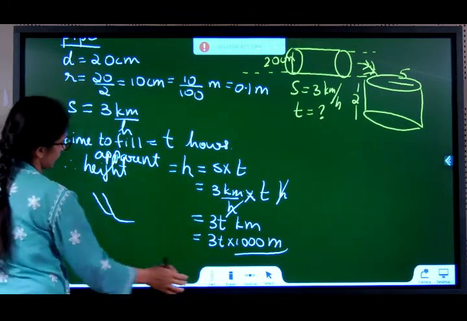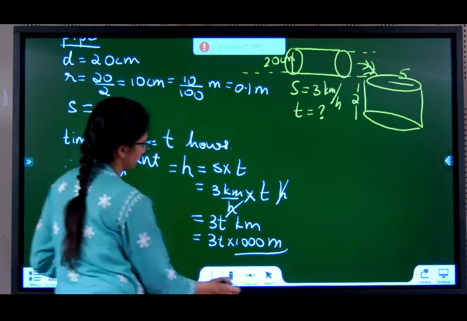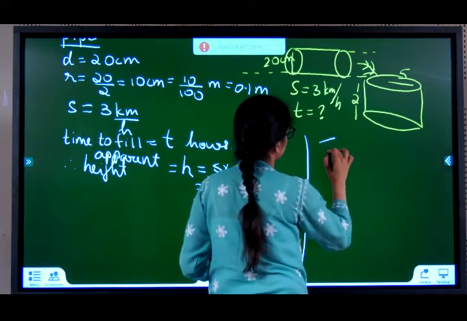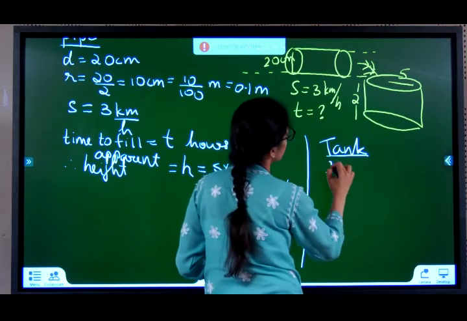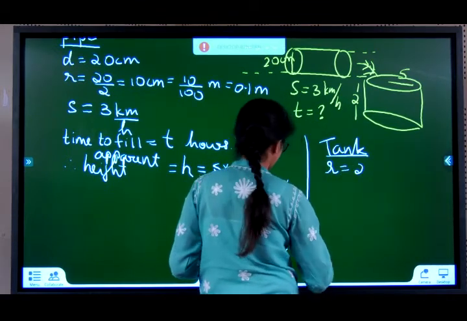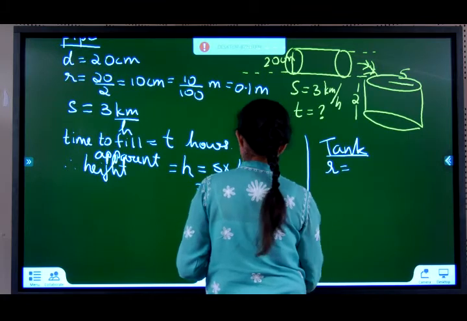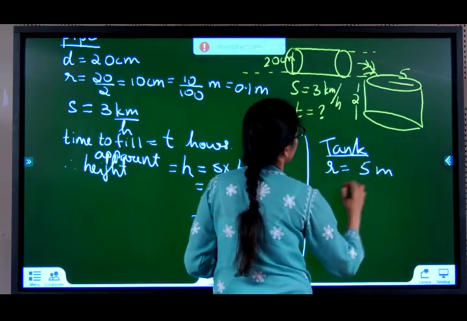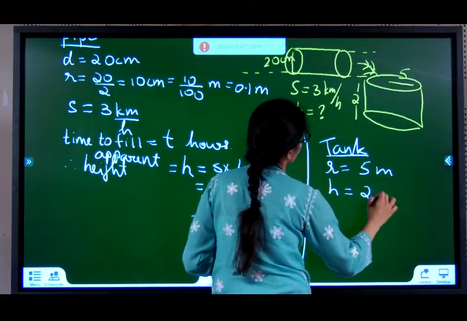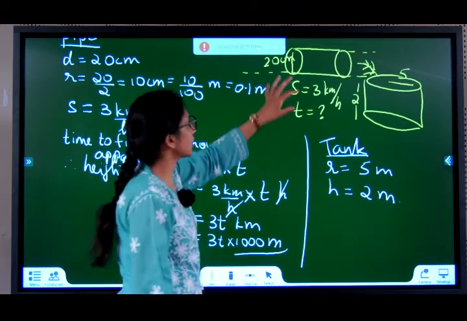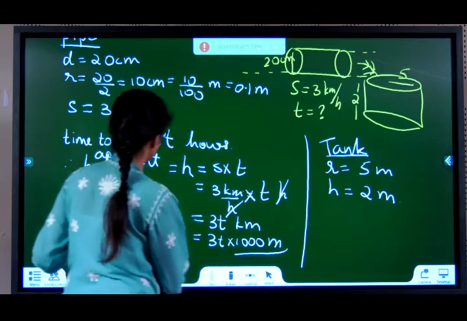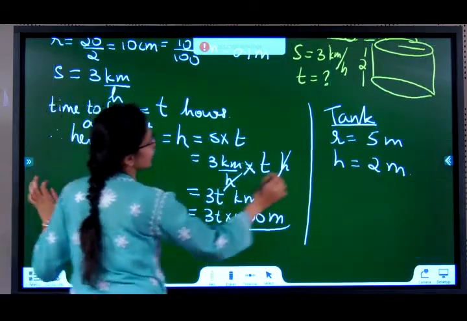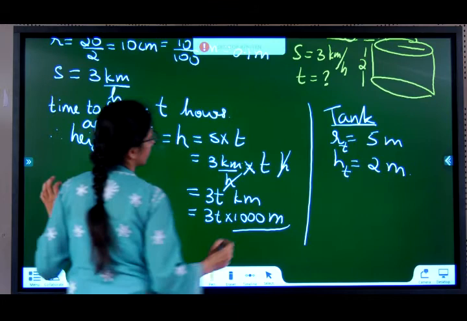Now let's go to the tank. For the tank, what is the radius? 5 meters. They have only given 10 meters, so 10 by 2, 5 meters. And the height of the tank, 2 meters. Water coming from the pipe should be equal to the water in the tank. So let's just say this is RT and HT.